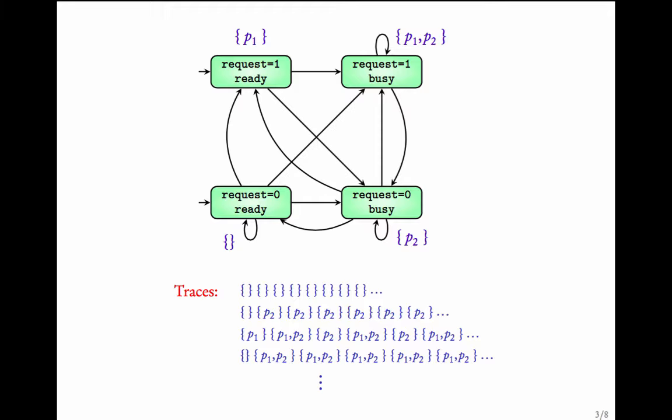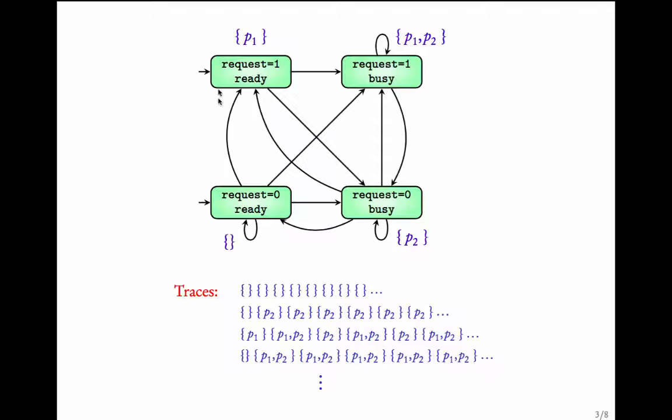We have been looking at code as transition systems. So this is a transition system. Additionally, in order to talk about properties of this transition system, we defined what are called atomic propositions. Here, there are two atomic propositions P1 and P2.